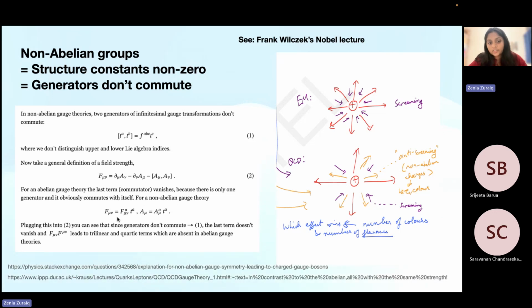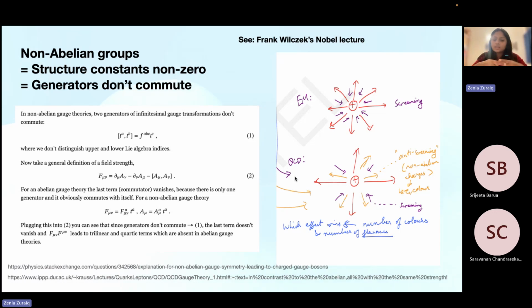In the non-abelian gauge theory, what happens is F mu nu has these kinds of terms, and if you put it in, you see that it does not commute. The last term doesn't vanish. So basically, because in the Lagrangian I'm going to have F mu nu times F with upper indices mu nu, when I multiply these two, I can have terms with three A mu's, or I can have terms with four A mu's.